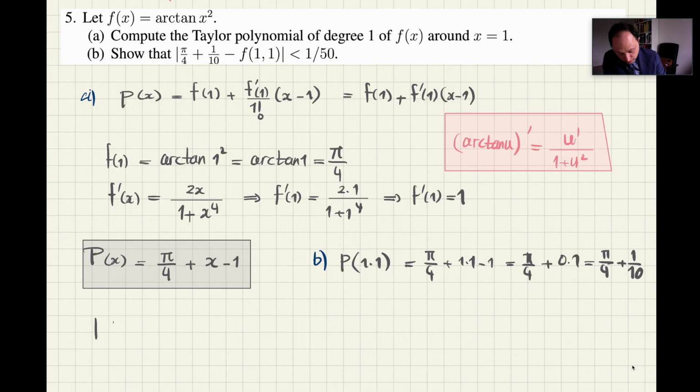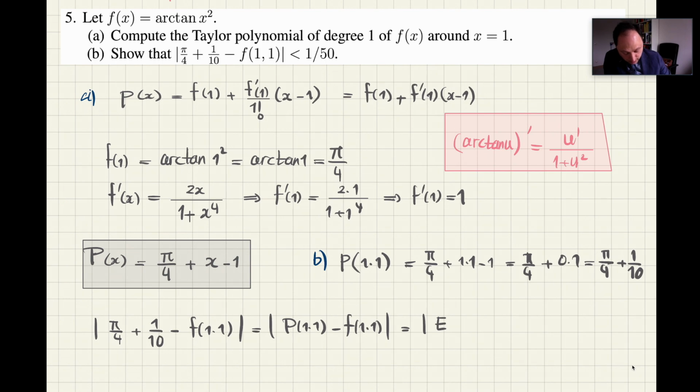So the absolute value of pi over 4 plus 1 over 10 minus f of 1.1 is nothing except p of 1.1 minus f of 1.1, and that is the absolute value of the error E1 of 1.1.